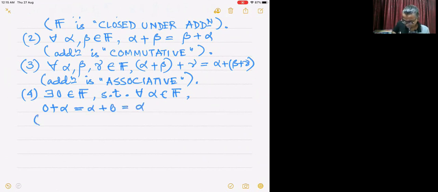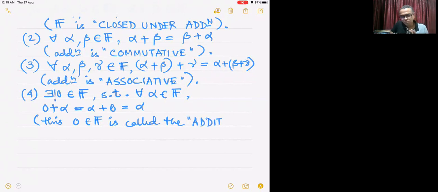This 0 in F actually is unique. Although you don't need to assume this here, you can actually prove it, but let's just keep it this way. This is called the additive identity in F.